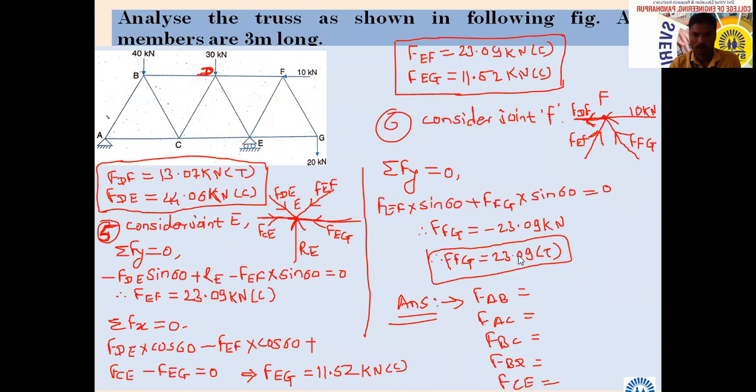In the next lecture we will solve the method of section. It is very simple. It is not necessary to solve each and every one. So how to identify which method we have to apply?